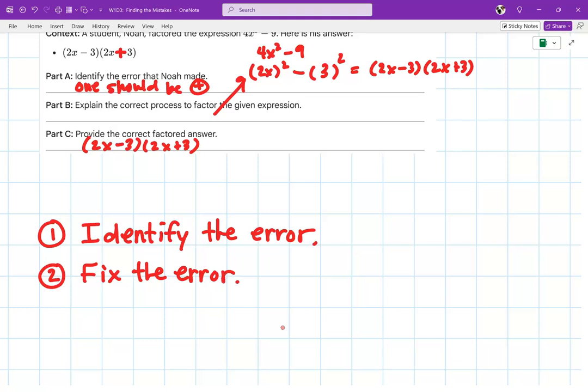So like I said, there's not going to be any lines. So for you guys, what I want you to do is when I give you the worksheet, you're going to get a separate sheet of paper. You can get some from right there. I have a lot. And then you're going to say like number one, error is on step 3. And then part 2, fix the problem. Okay, completely.